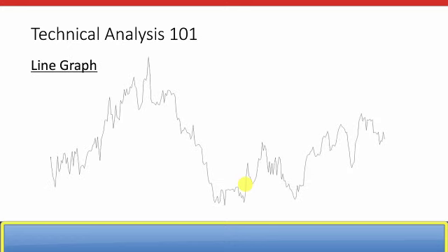First of all, this is probably the graph that you all know. We see that in financial media, in the newspaper and also on TV, and this is what we call a line graph. The line graph is just a representation of the different prices of a stock or an index, a forex pair or whatever, and you can follow the development of price very nicely and easily with the line graph.